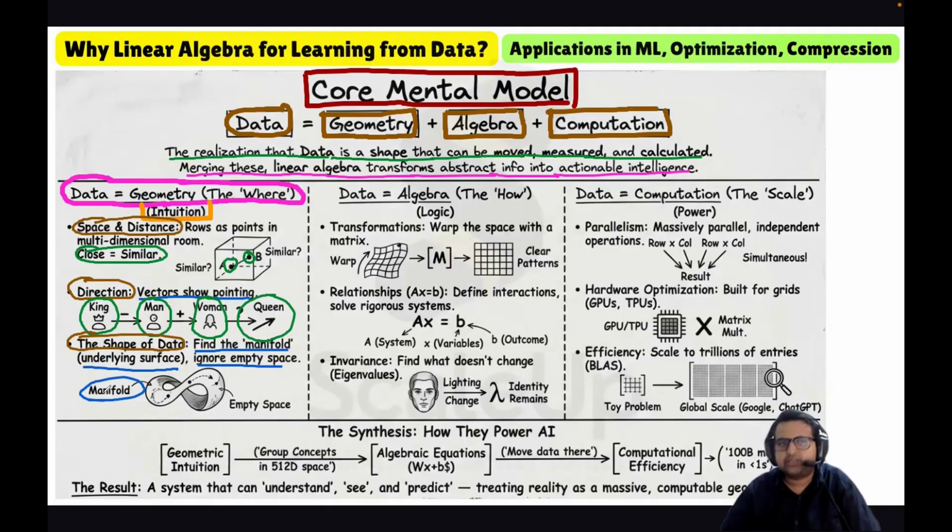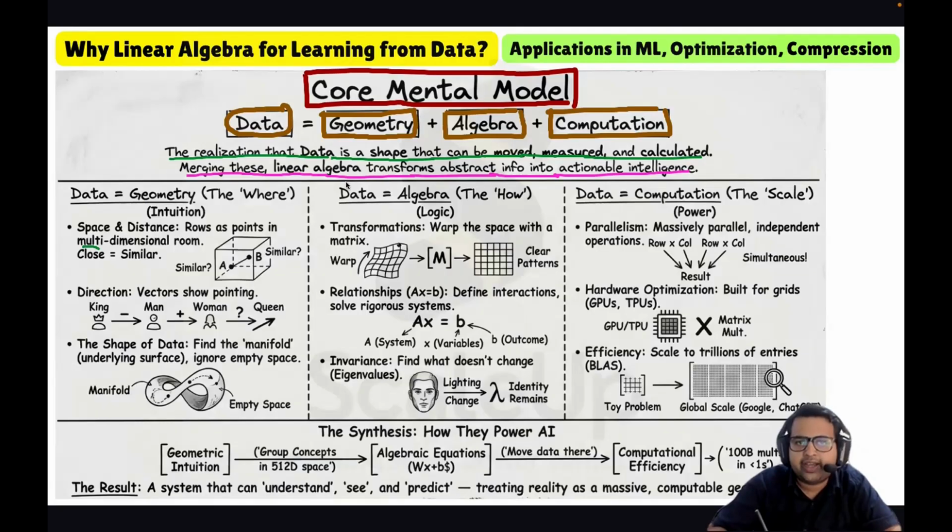The directions, the vectors, will help us perform operations to head towards a vector which we are seeking. And with data geometry, we can just focus on the manifold, the underlying surface where the data lives, ignoring the empty spaces and just focusing on the patterns.